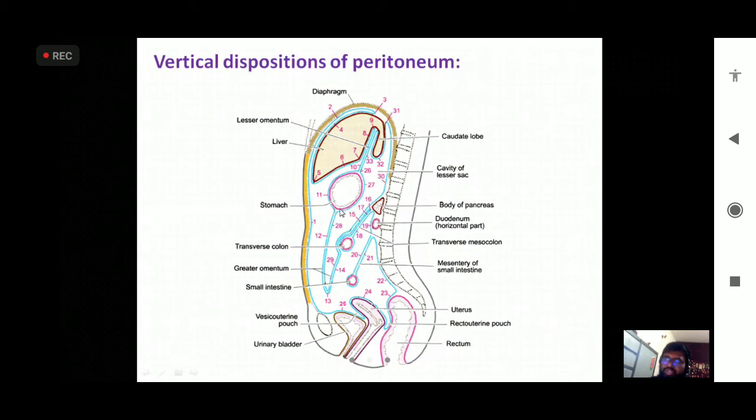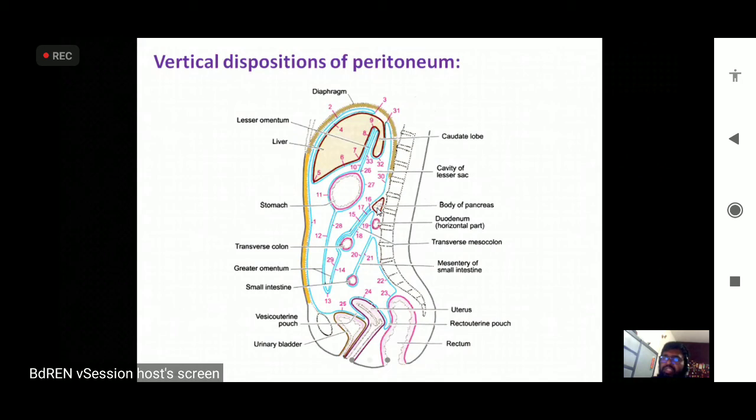posterior surface of the stomach, and reaches the greater curvature, becomes the second layer of the greater omentum, and turns around itself to become the third layer, which goes backwards and passes over, but it doesn't reach the pancreas.